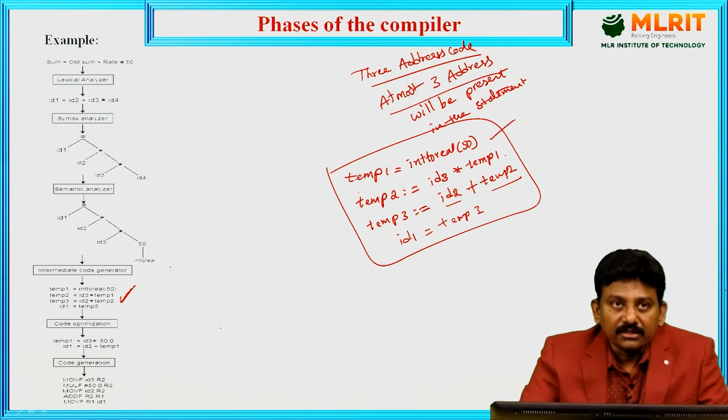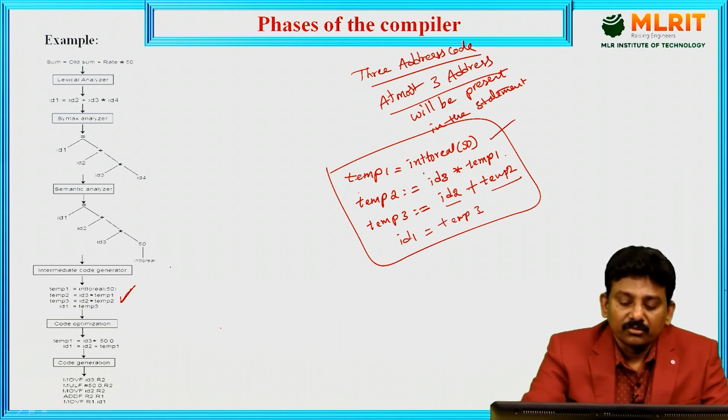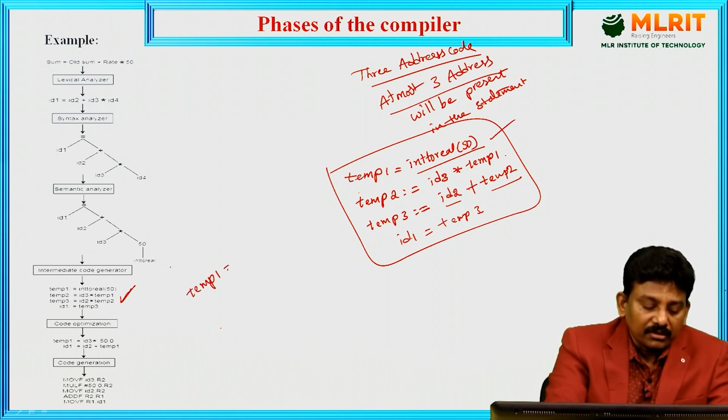Next, this intermediate code is given to the code optimizer to optimize the code. So the code optimizer will remove the unnecessary code. Here the unnecessary code is the into 2 real statement. We need to convert this 50 into real, that is 50.0, so we can remove this statement.